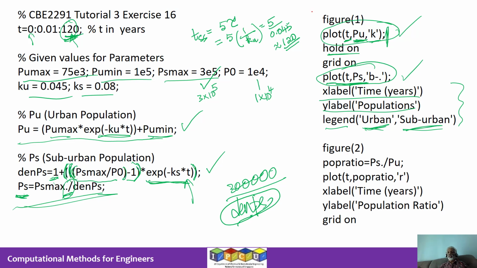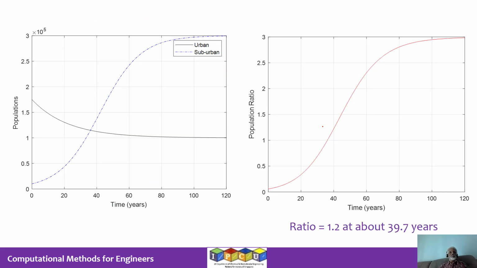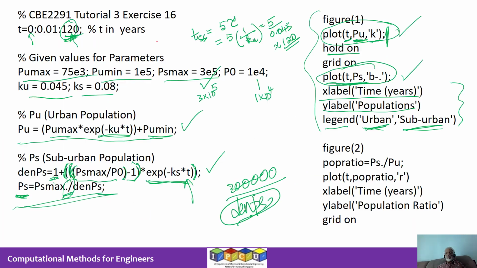So when MATLAB executes these lines of code, you will see this graph being produced. You can see the labels, you can see the legends, and you can see the suburban population and the urban population. The urban population is in black, the suburban population is in blue, dash dot line, the urban population is black continuous line. Next, I want to plot the population ratio as I explained earlier.